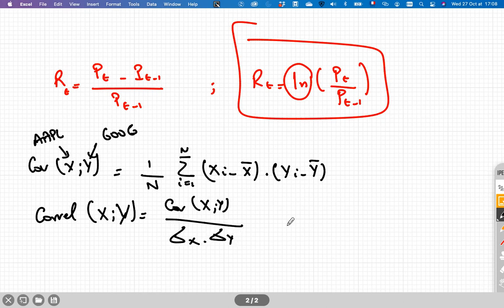Now the correlation is always between -1 and 1. It can never go lower than -1 or above 1.